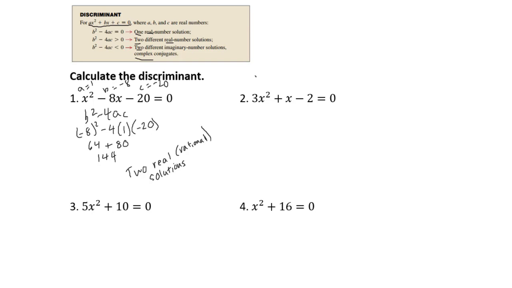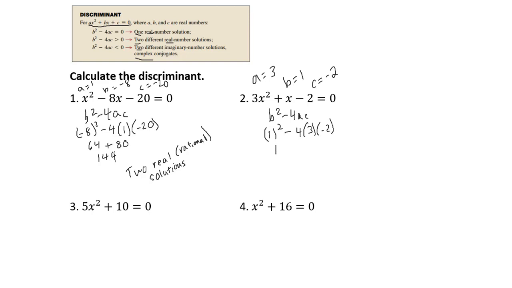All right, so here a is 3, b is 1, and c is -2. So when we plug in b squared minus 4ac, we get 1 squared minus 4 times 3 times -2.